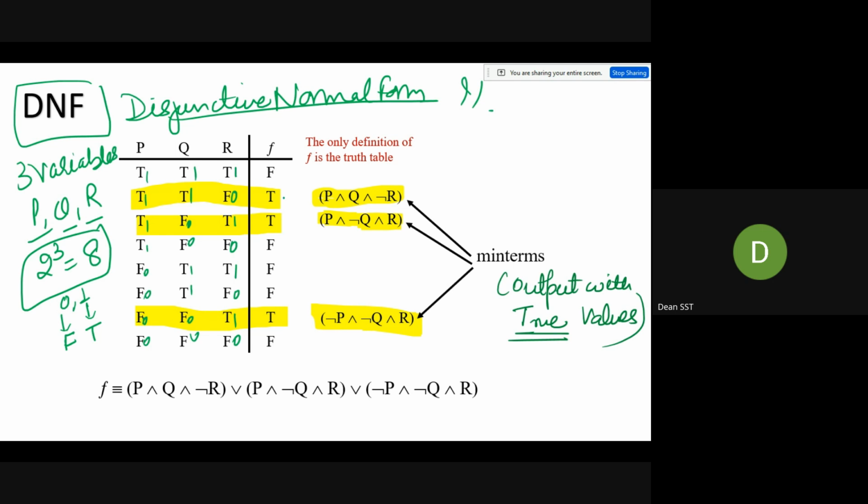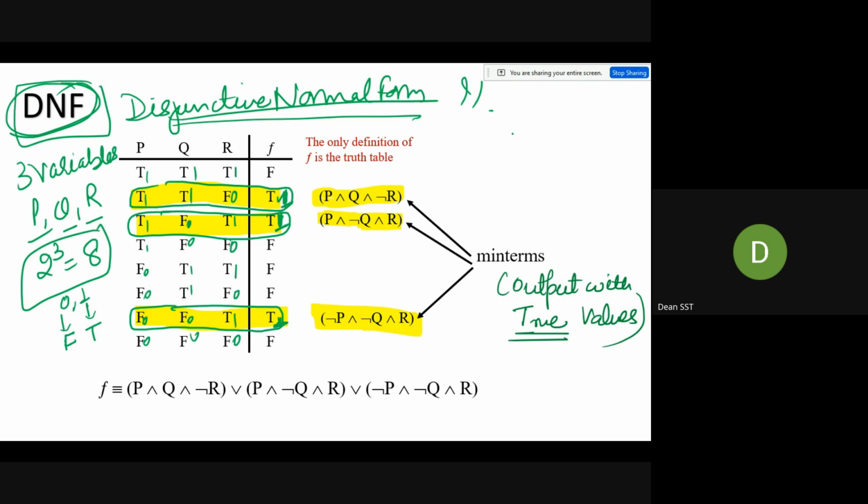Now see, for disjunctive normal form, the number of truth values, that is the number of 1 values in the result. In the result, we are having 1 in these rows. This is the row in which we are having result as 1. True means 1. Right? So how can you convert this into disjunctive normal form?